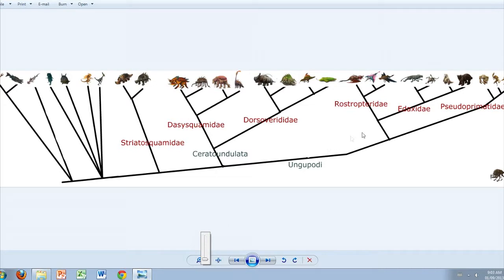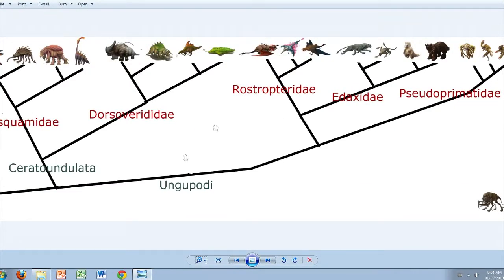So before I go through how I put this together myself, I'm just going to go over some of the generalities associated with these types of diagrams. Understanding these types of diagrams is a lot like reading a family tree. At the very tips here are the currently living or extant species.